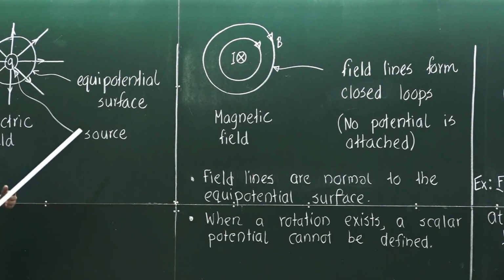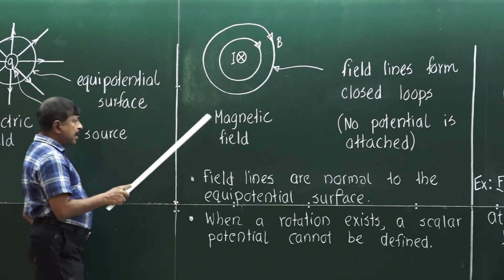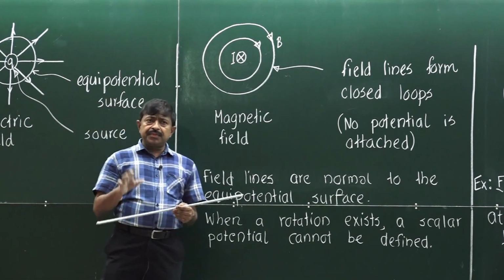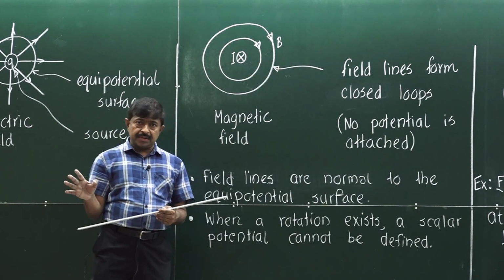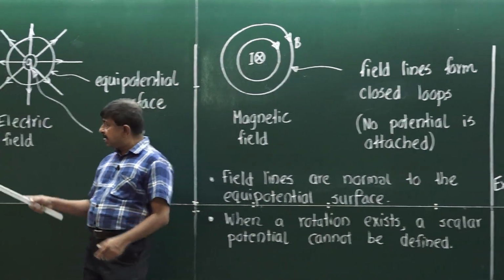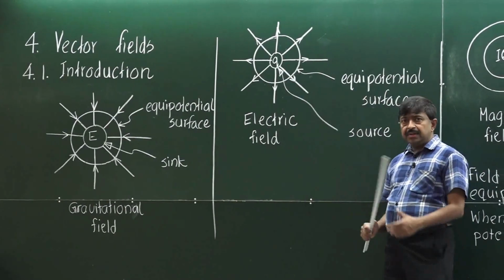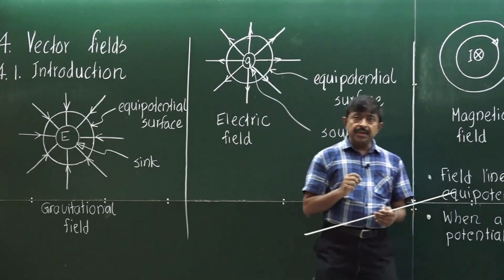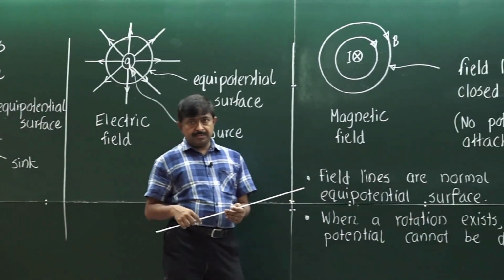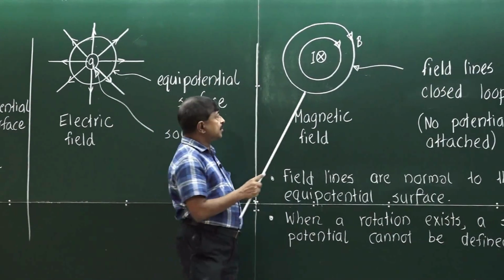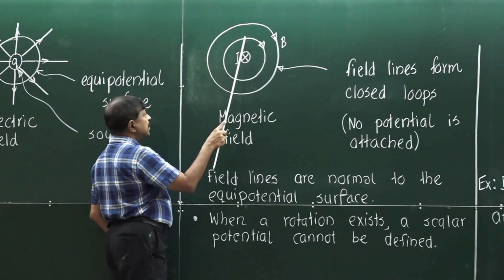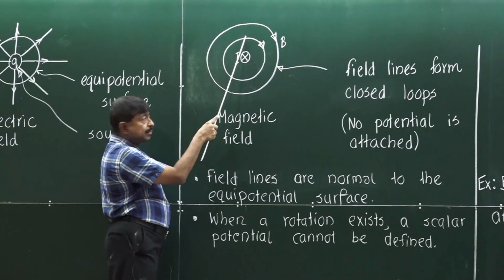And also you know that in the case of a magnetic field, we do not discuss a potential. You have a potential in the gravitational field, you have a potential in the electric field, but you do not have a potential in the magnetic field. The reason is this: say you start from this point.